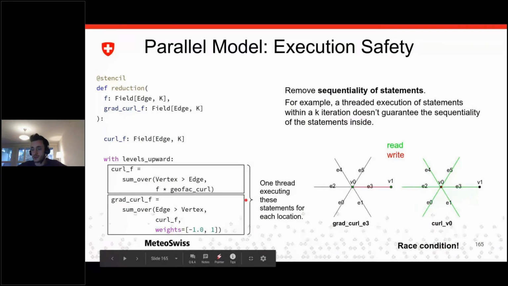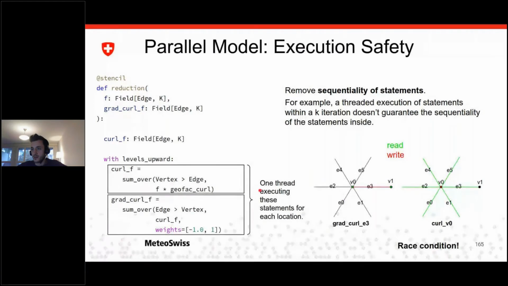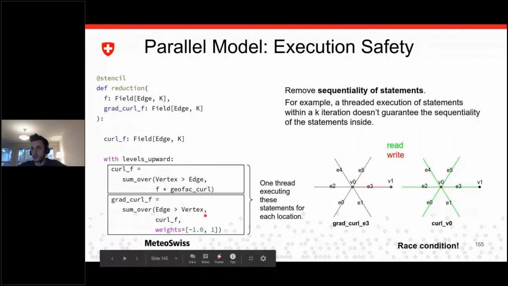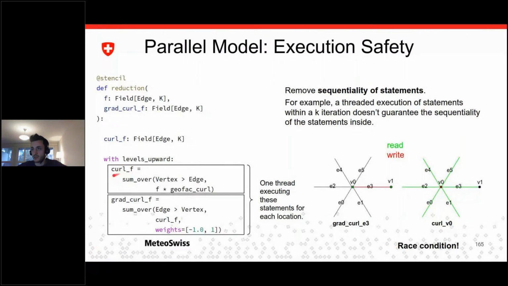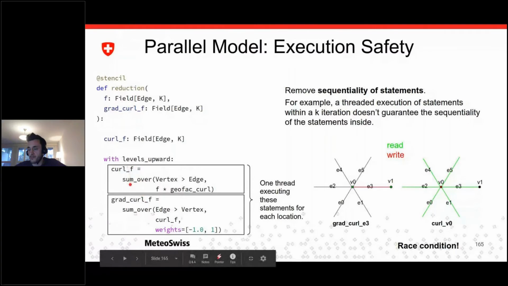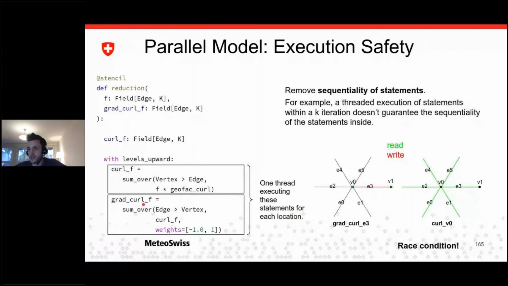So each thread would take care of these two statements, although you should notice that they are on different location types. So this statement is on edges, and this statement is on vertices, and this one is on edges. So assuming that one thread could take care of both, because there are enough threads to cover all the vertices or all the edges.